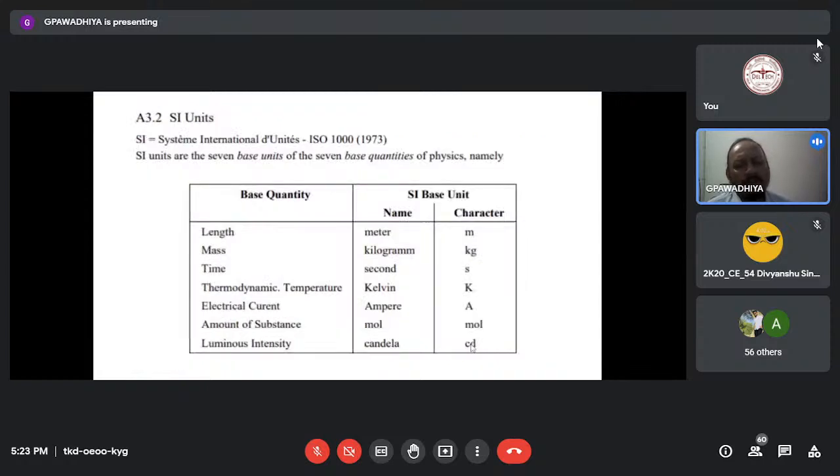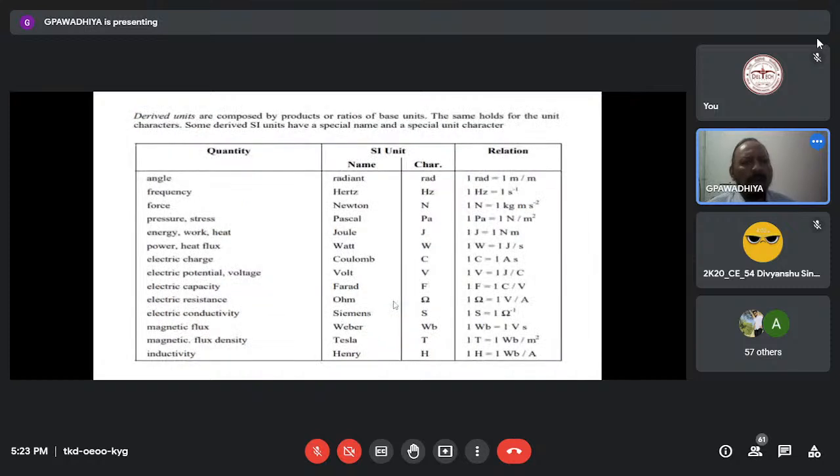These units are meter, kilogram, second for length, mass, time; Kelvin for temperature; ampere for current; candela for luminous intensity; mole for amount of substance. So this is how we define these basic units.